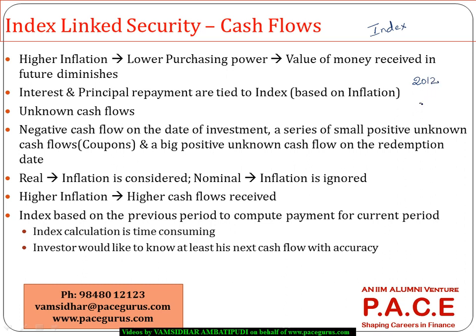Let me assume 1st Jan 2012 is when I have made the investment in an index linked security. I will receive my first coupon, let's say on 1st Jan 2013. There I would be looking out.